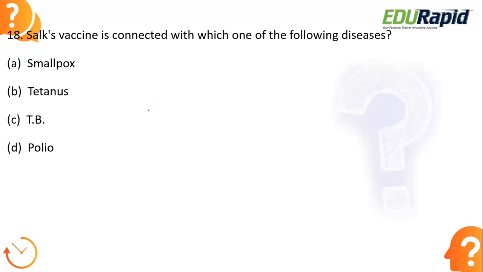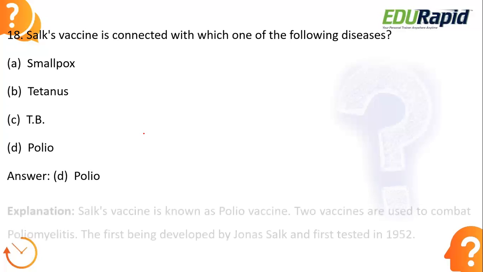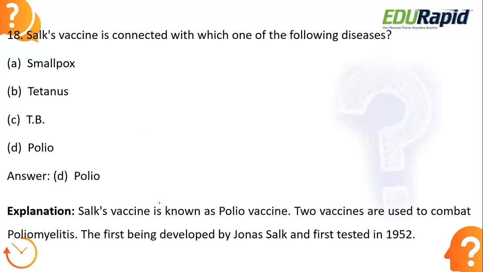Here the right answer is option D, polio. Salk's vaccine is known as the polio vaccine. Two vaccines are used to combat the disease called poliomyelitis.